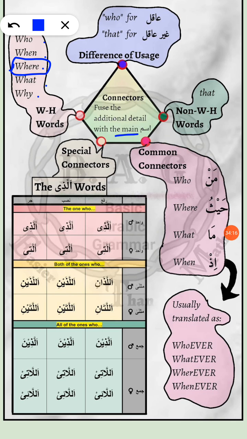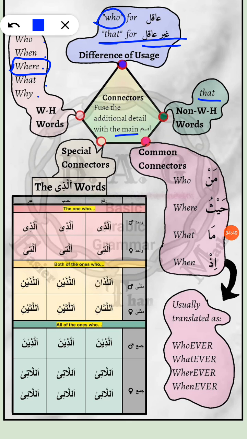All right, and in English, of course, we have words that are non-WH words such as that. Okay, and that is used for the asma that are ghair aqil, of course, right? The book, and I gave this example in my lesson as well, the book who changed my life, that is wrong. All right, because you use who for an ism that is aqil, and you use that for an ism that is ghair aqil, right? So that's what you need to take care of in Arabic as well.